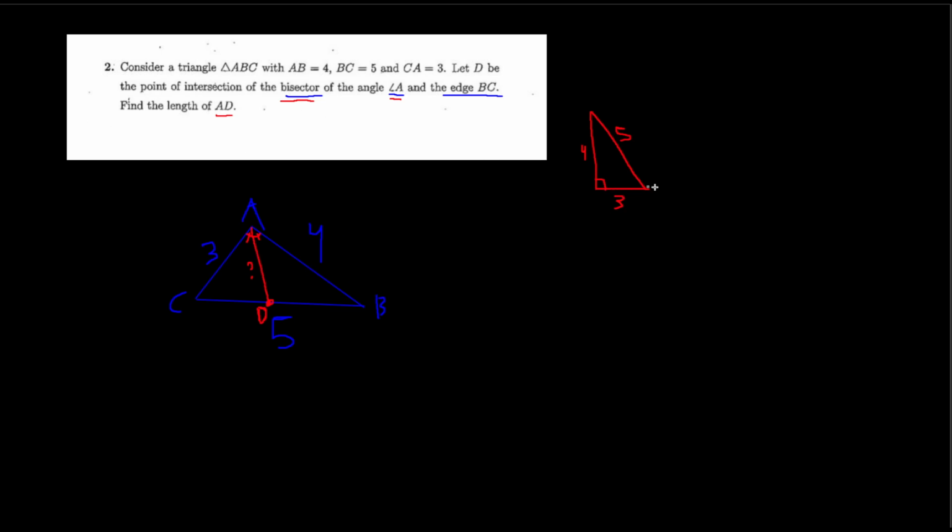So this angle A is actually 90 degrees. That's something we need to know. If you are not sure about that, you could use trigonometry to determine that. But since this is a 3, 4, 5, this is 90 degrees, which means that if we cut it exactly in half, we get two angles that are 45 degrees.